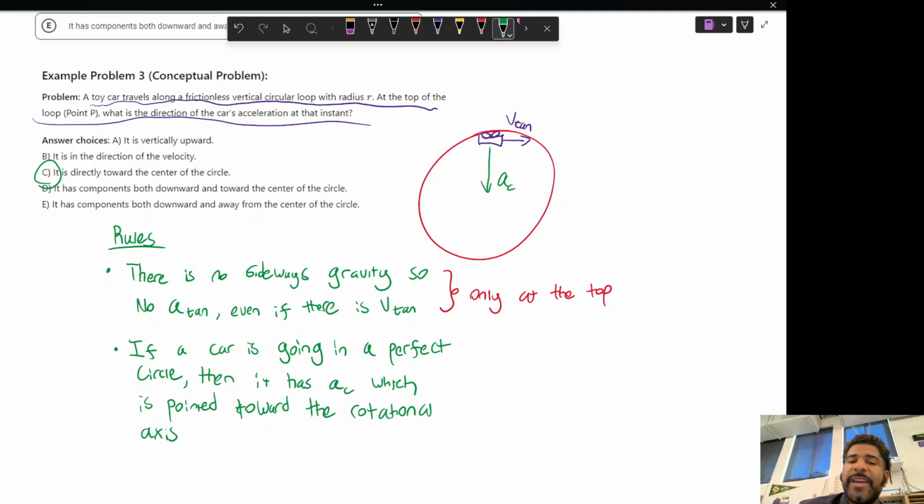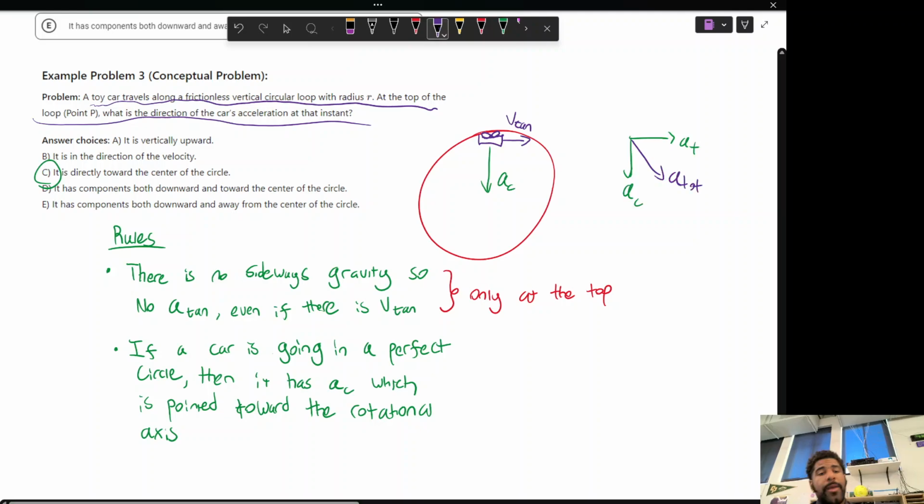If the tangential velocity is increasing, then there will be a tangential component and a centripetal component, which means the total acceleration would look something like this. Remember that from the rule maker. However, this is one of those cases where we look at the acceleration at an instant in time, because it's always changing, because the direction's always changing.